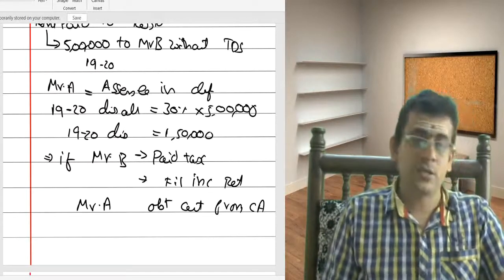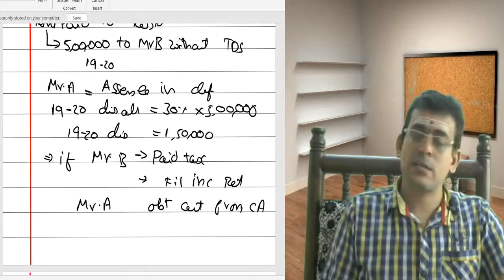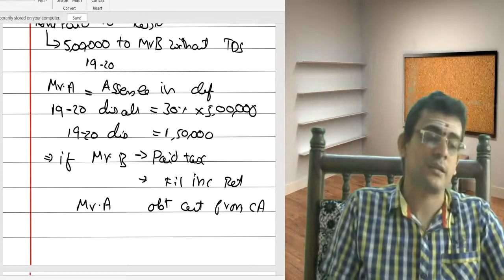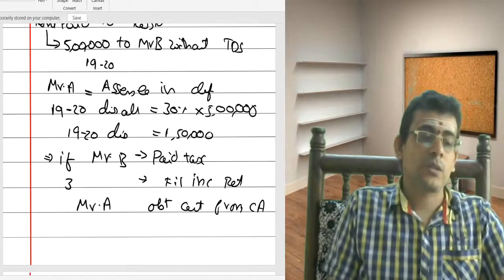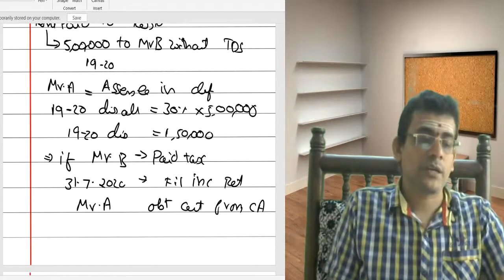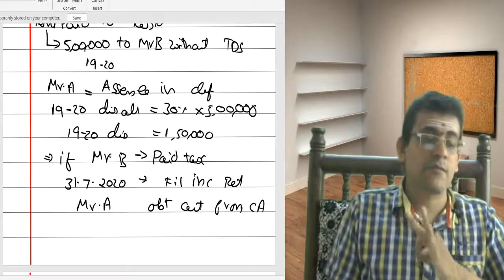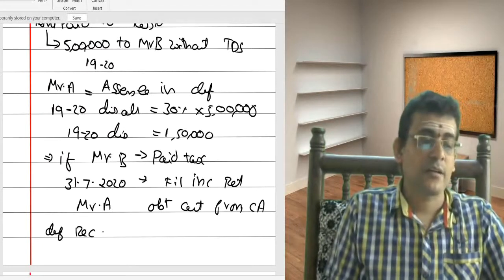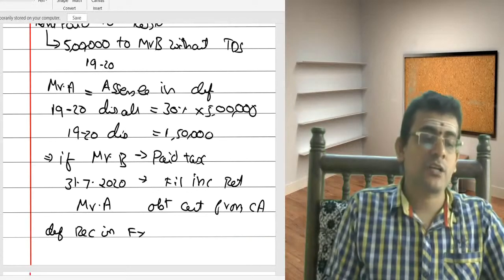Now let me consider Mr. A had paid the tax, Mr. B has paid the tax, and Mr. B has filed the income tax return. Let us consider on 31st July 2020 the defect is rectified. So the defect is rectified in financial year 20-21.